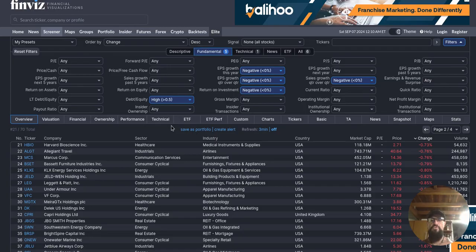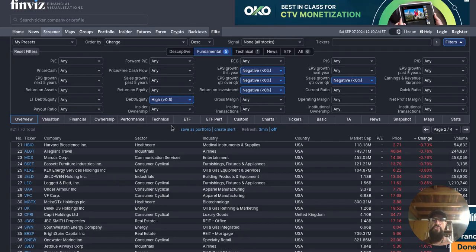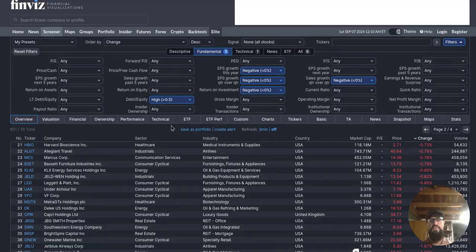What you can do is this, and you'll have to invest some time. Of course, you might want to go off of the fundamentals, but the fundamentals are not enough. Fundamentals are important, but you'll have to know the technicals.